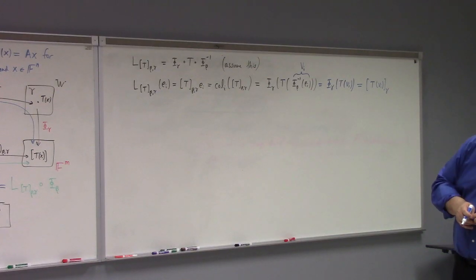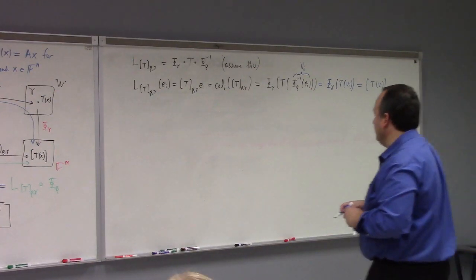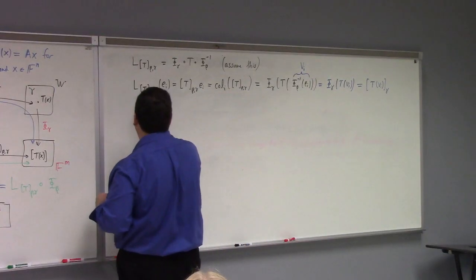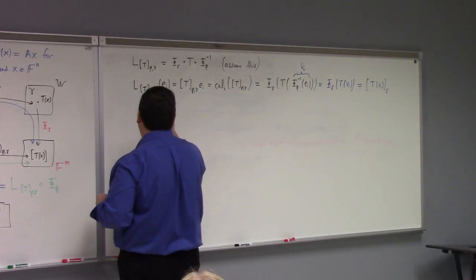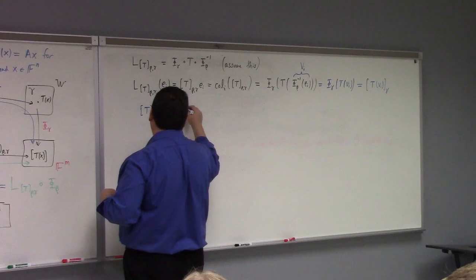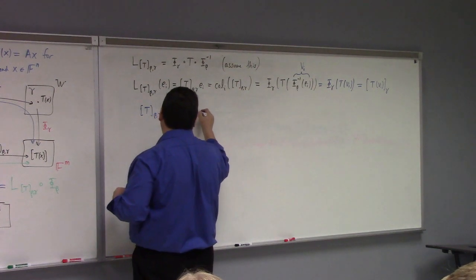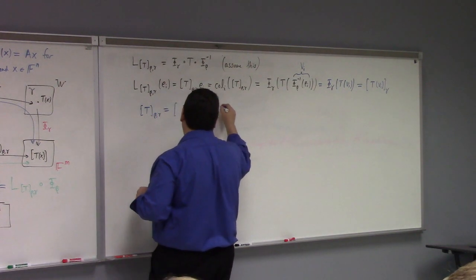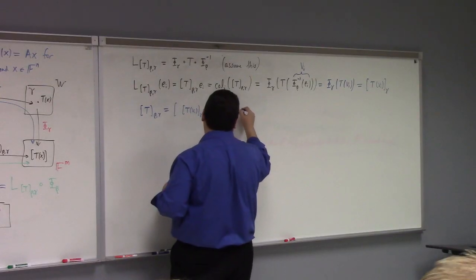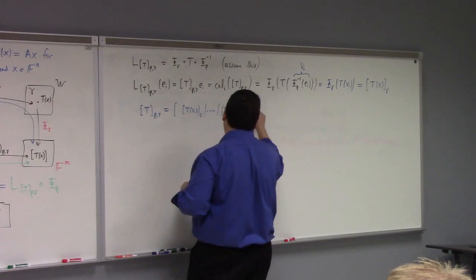But what did we write in my initial definition? Remember what we wrote? We wrote T of V1 gamma, T of Vn gamma, right?